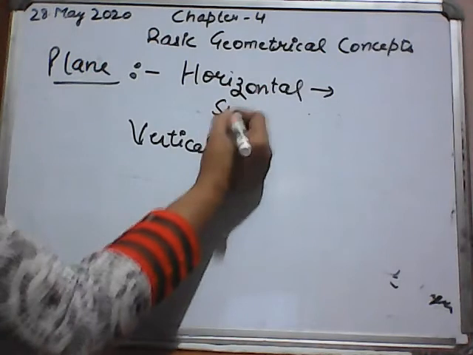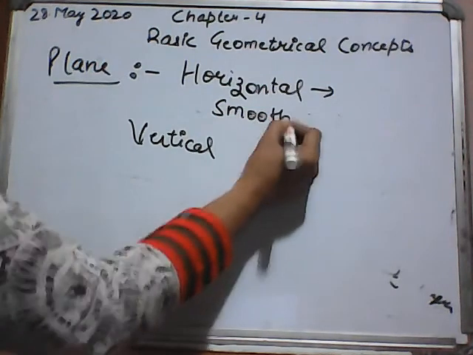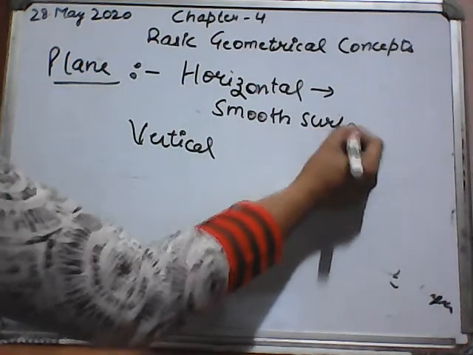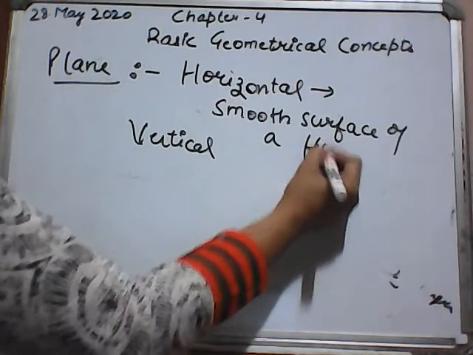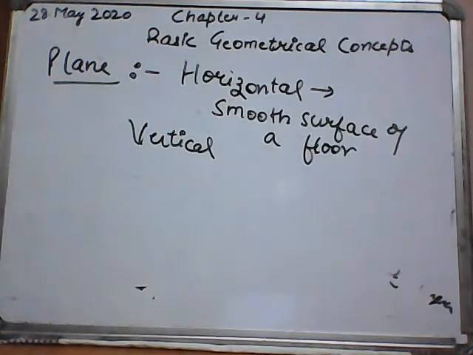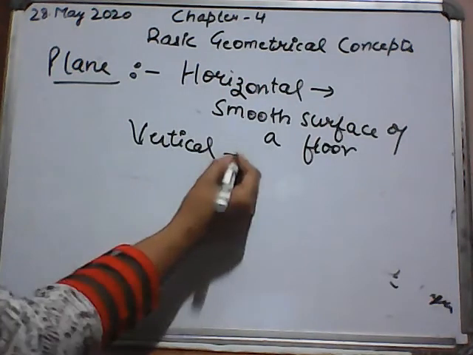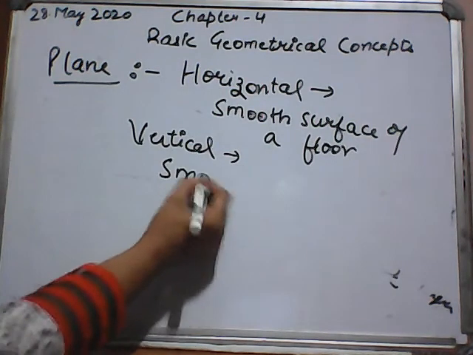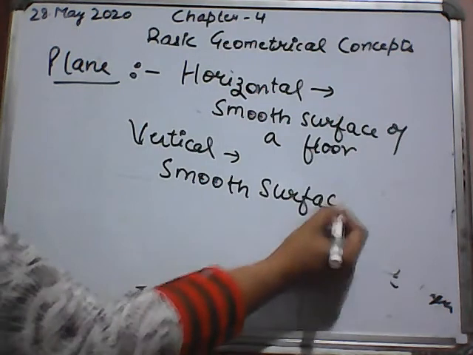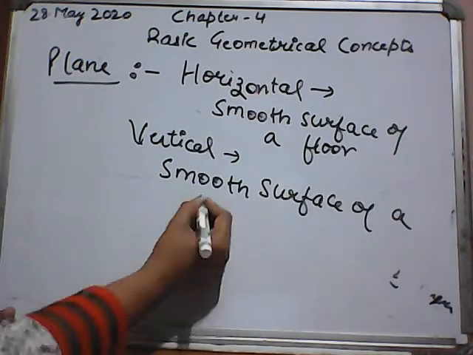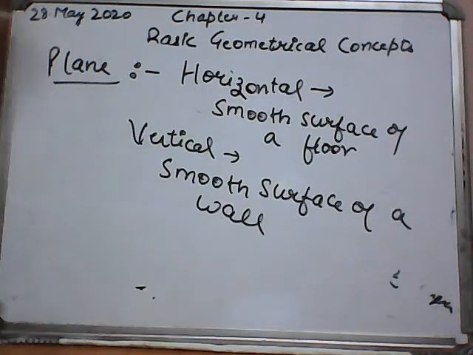The smooth surface of a floor is an example of a horizontal plane. A vertical plane, for example, is the smooth surface of a wall. The smooth surface of a wall is known as a vertical plane.